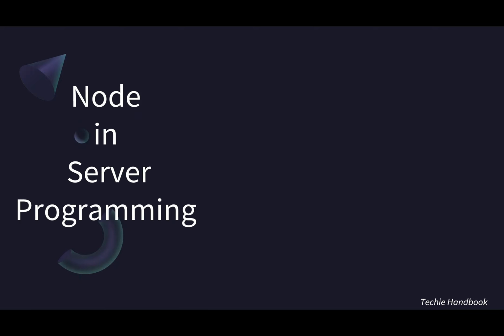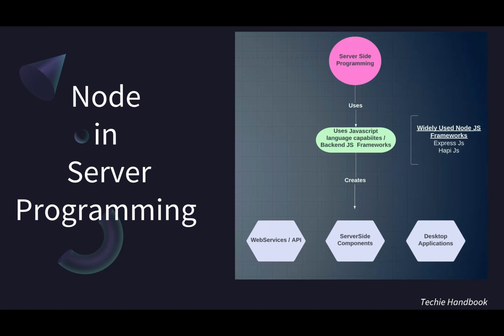The most interesting Node capability is its ability in server-side programming. Node is not a programming language on its own, but it uses JavaScript language capabilities to work as a programming language. Node uses server-side JavaScript frameworks to contribute to server-side programming. Node is the only JavaScript-based backend library used in programming.